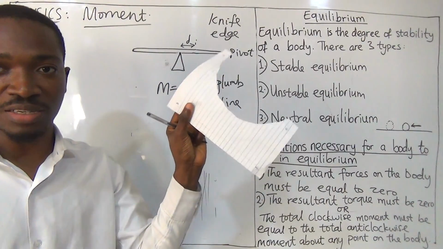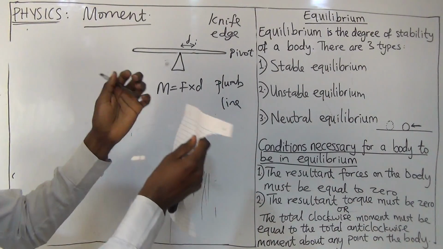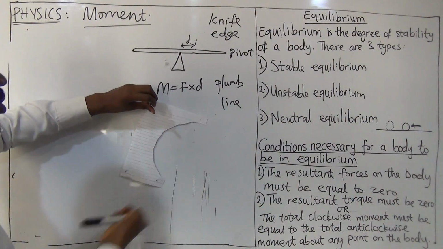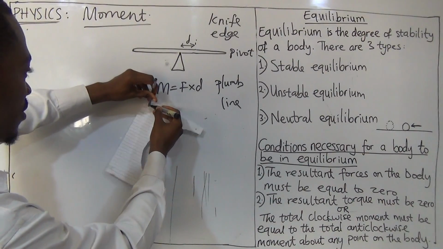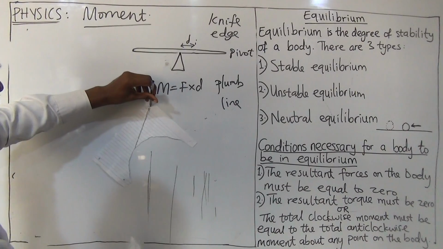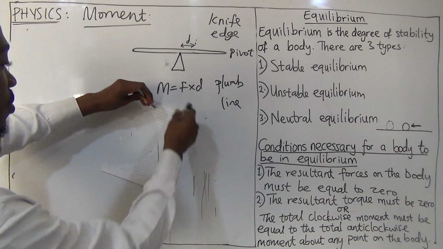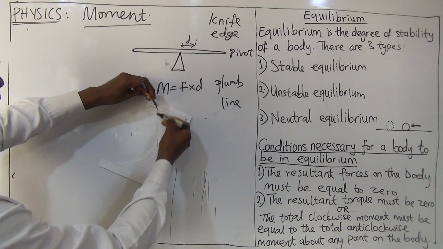You can try this object too. We can try objects of various shapes. I'll just be quick with this one. I produce a vertical line. My vertical line is falling outside. It's fine. Let me try this position. I produce a vertical line.